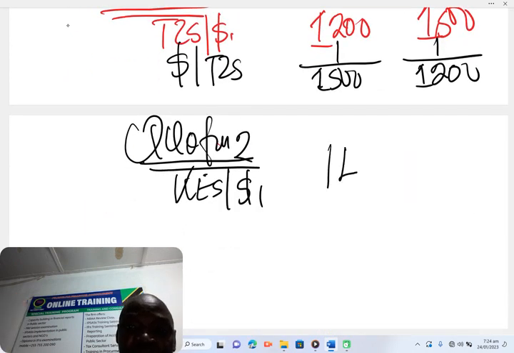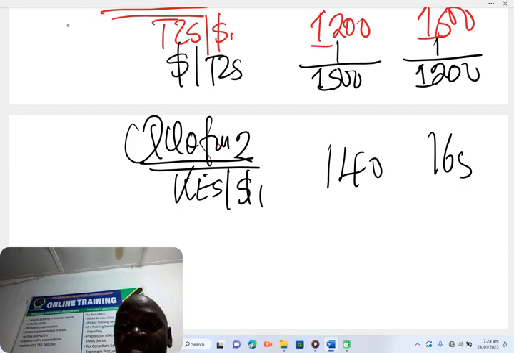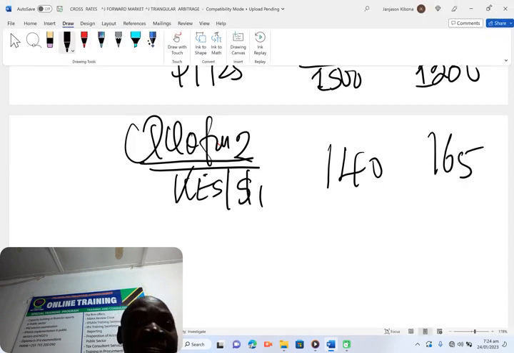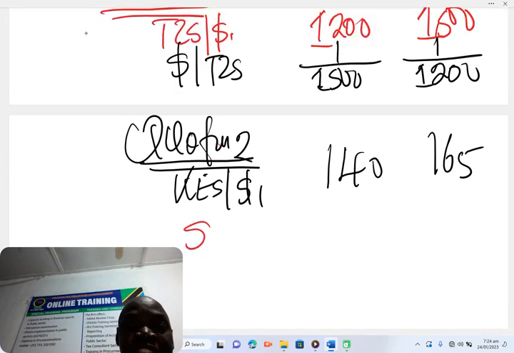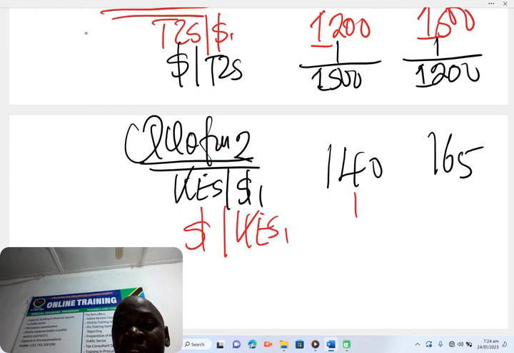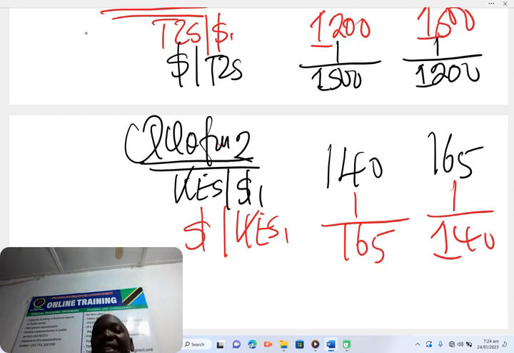So 140, 165. The reverse exists as a reciprocal, that is dollar stroke Kenyan shillings, 1 over 165 against 1 over 140. Now, this is step number 1.